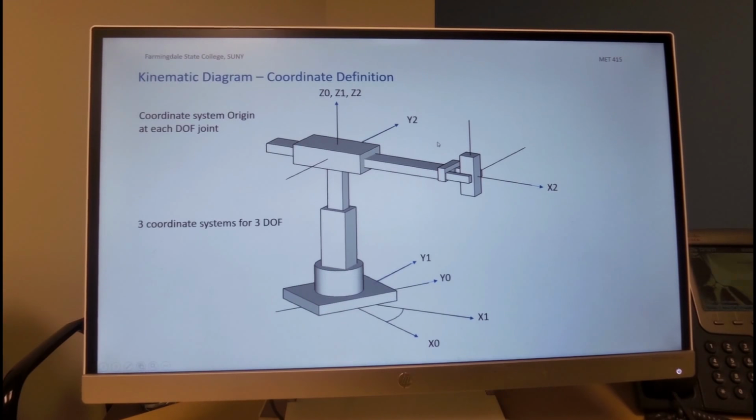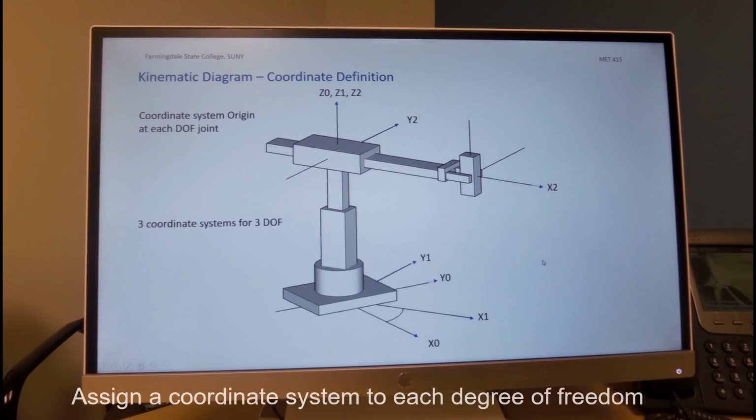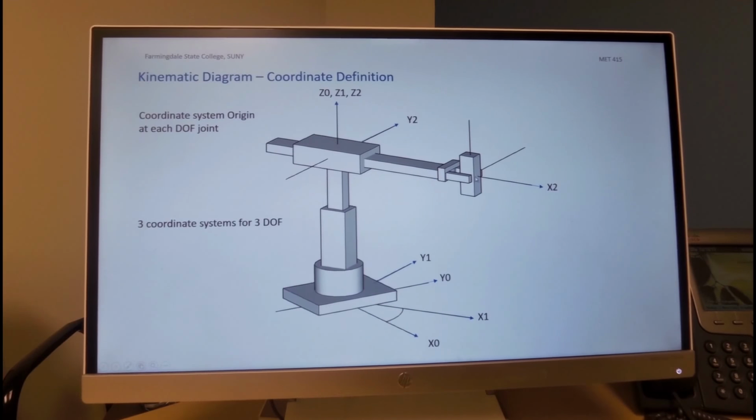The next phase is to assign coordinate systems to the various degrees of freedom. And we have 3 degrees of freedom to define the position of the tool center point in space. We assign the inertial coordinate system to the bottom of the robot.